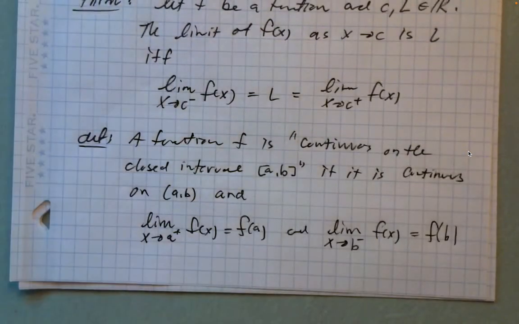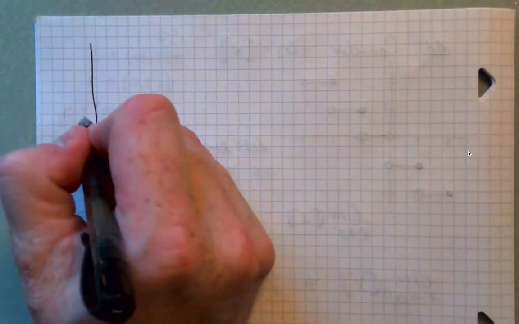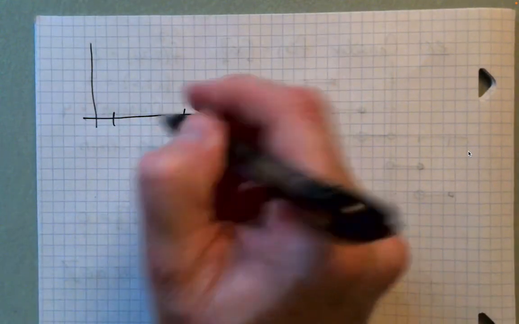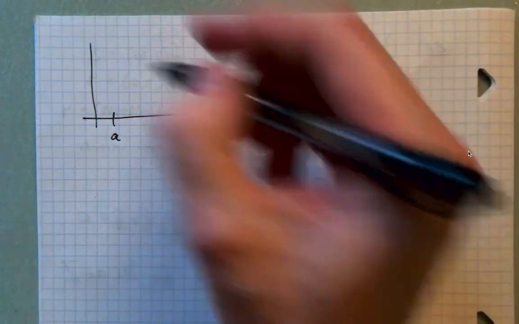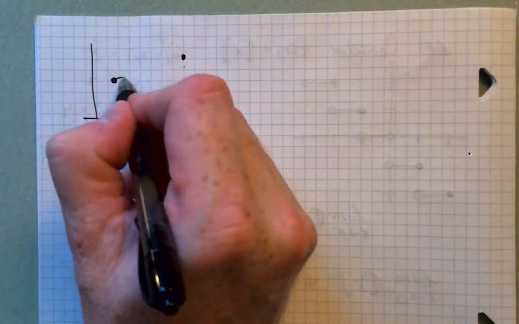Okay, so basically, if you can imagine what this looks like, maybe you have something like this, where you've got a and b, and let's say the function moves between those two.